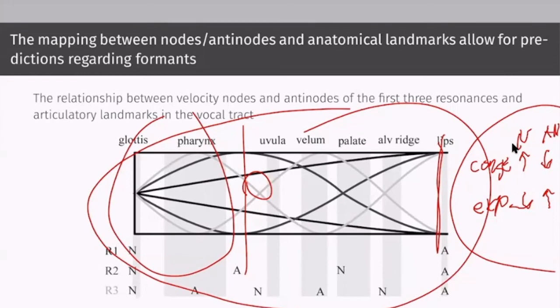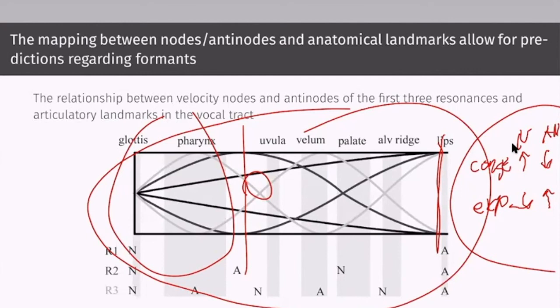So if I was below the resonance, I might get even higher. But if I was above the resonant frequency, then I will get lower because the system will not respond to me as much.